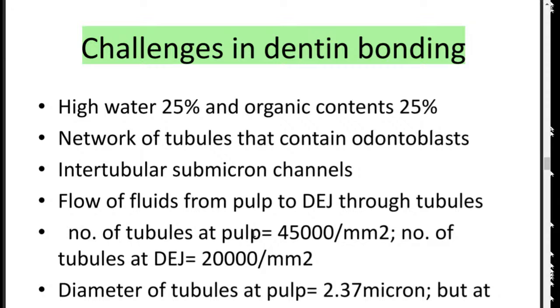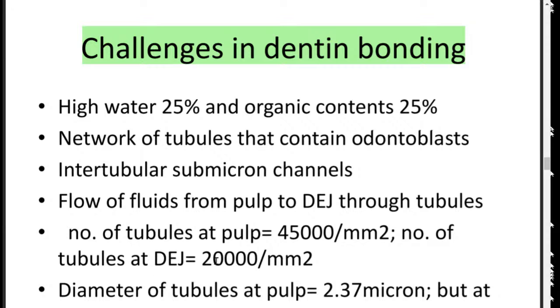The number of tubules at the pulp could be more than 45,000 per millimeter square, and the number of tubules at the dentino-enamel junction is less, about 25,000 per millimeter square.